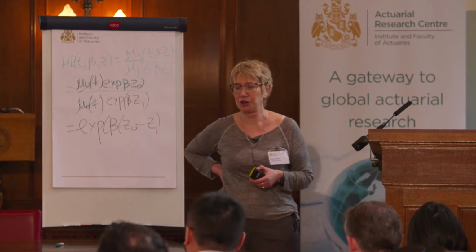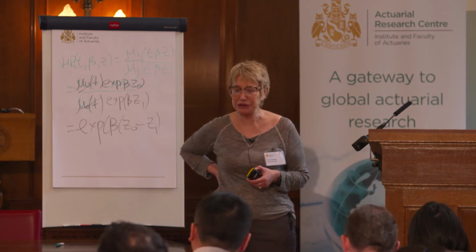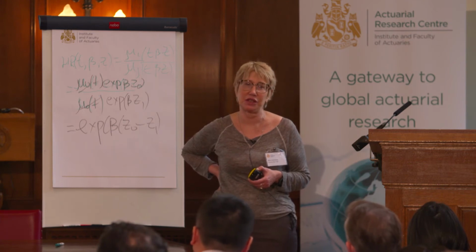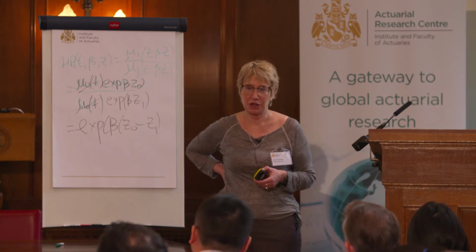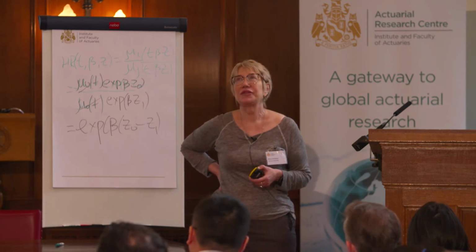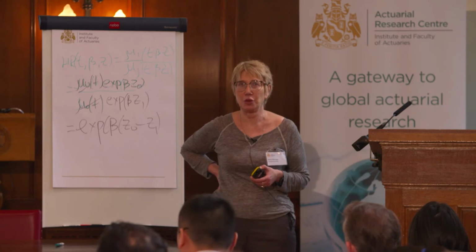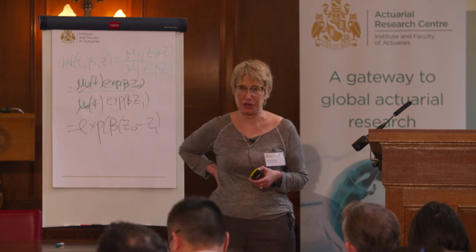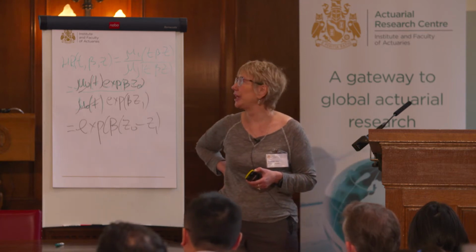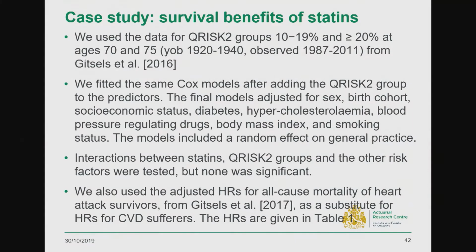And basically, Q-risk is a probability of getting a major cardiac event in the next 10 years. Okay? So if your Q-risk is above 10%, you are nowadays eligible for statins. Okay? The previous guideline was 20%. That's why we split those Q-risk groups 10 to 20 and then above 20.